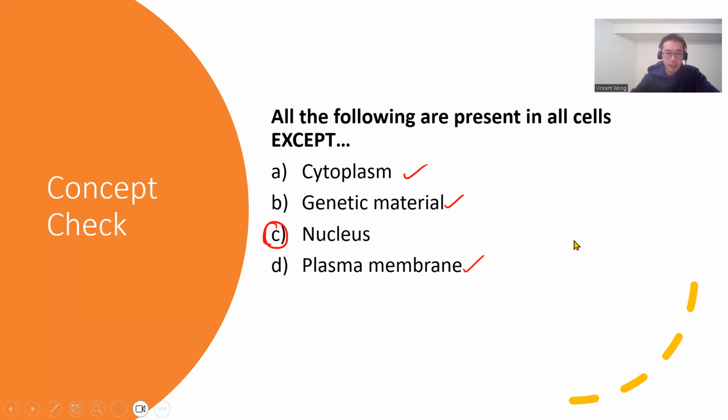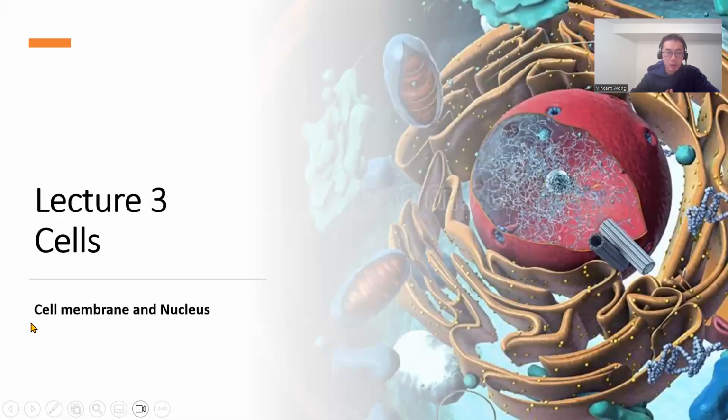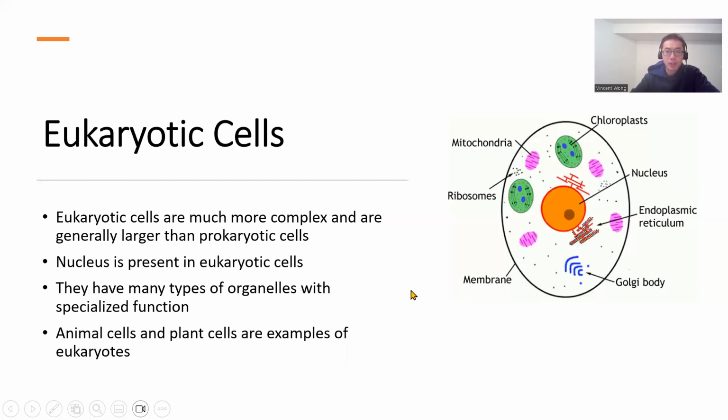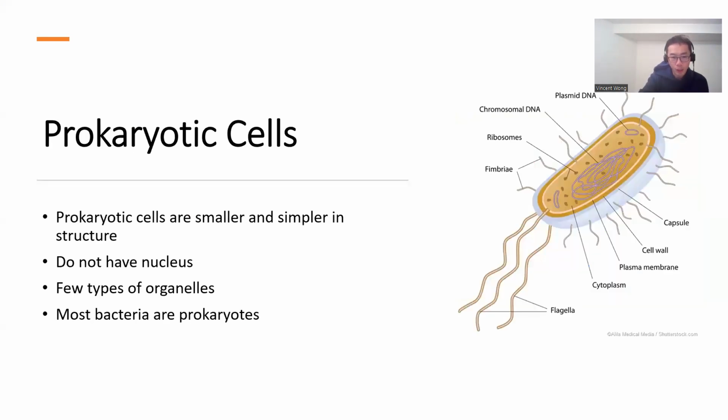cells in general. Let's take a closer look at the cell membrane as well as the nucleus. But before that, we should compare two kinds of cells. We can categorize a cell as eukaryotic or prokaryotic.